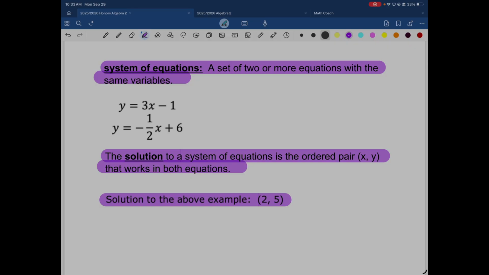Our goal through this whole unit, or at least this week, is how do we find that solution? And today we're going to find this solution by graphing. So we've got these two equations that we are going to graph. y is equal to 3x minus 1, and y is equal to 1/2 x plus 6.